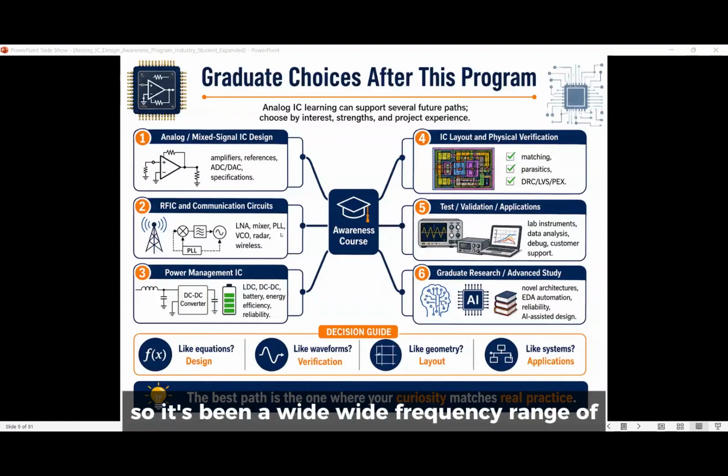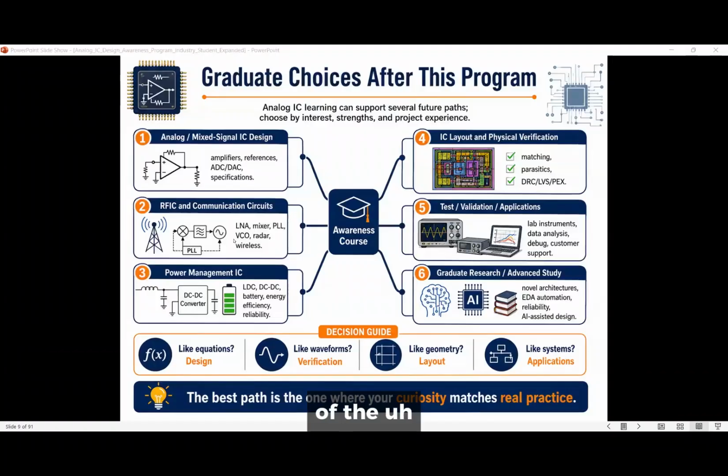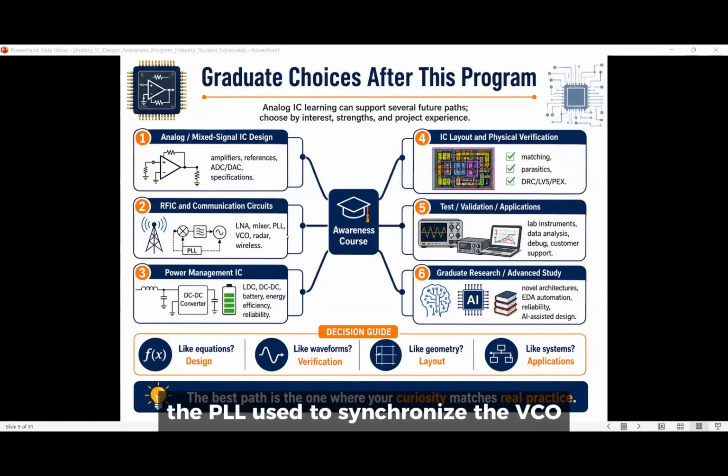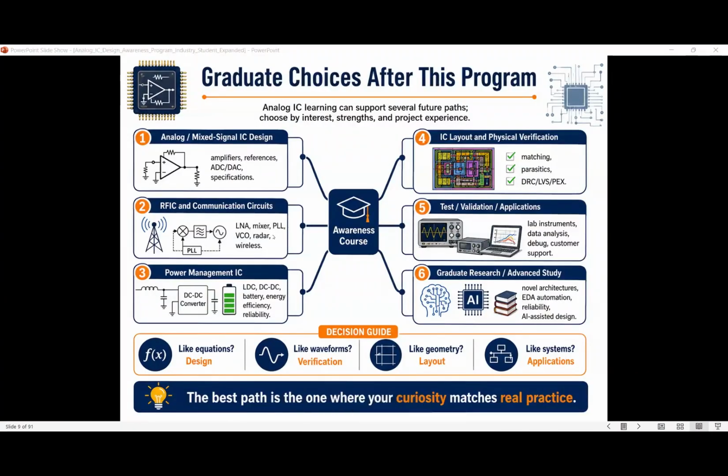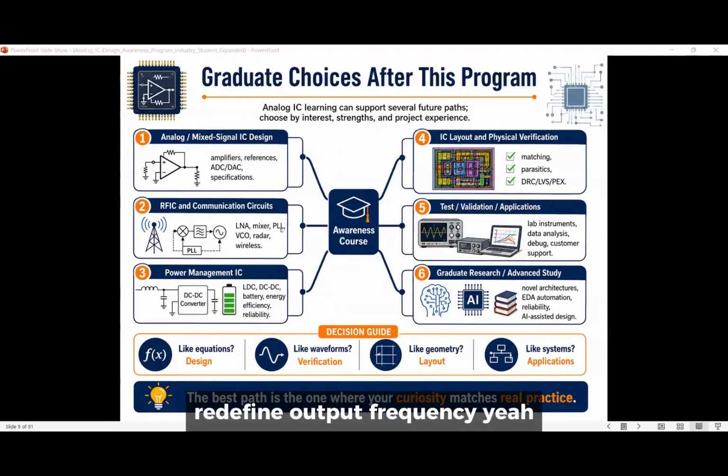So it spans a very wide frequency range. The PLL is used to synchronize the VCO because we can use a rather low speed reference, a crystal reference, to synchronize the VCO and get a predefined output frequency.